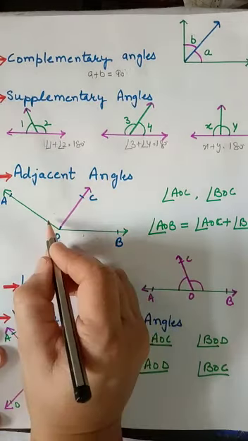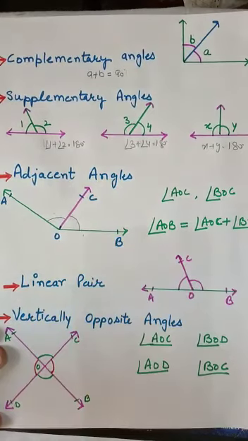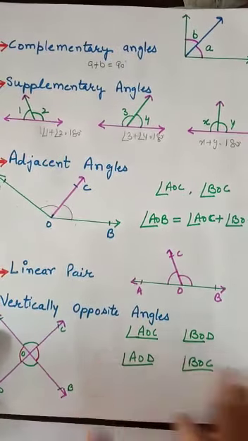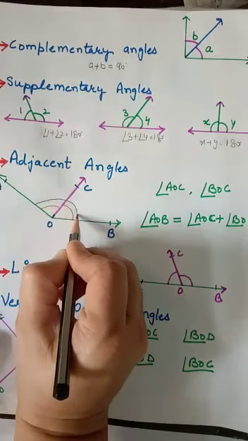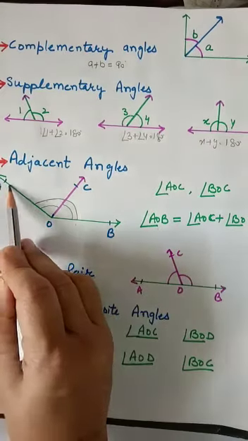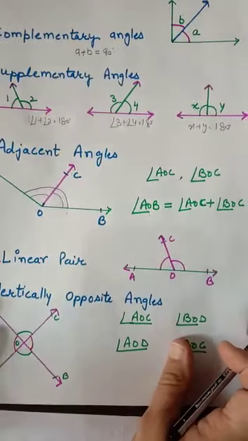So angles formed are angle AOC and angle BOC. One more thing is true here, that is angle AOB is the sum of these two angles. That is, angle AOB is equal to angle AOC plus angle BOC, as you can see from the figure also.